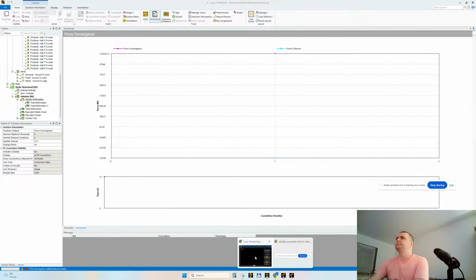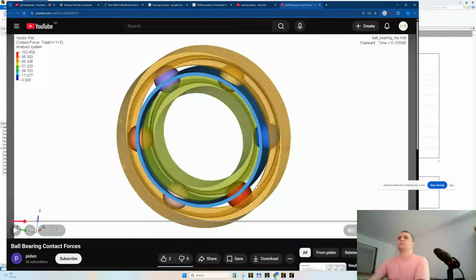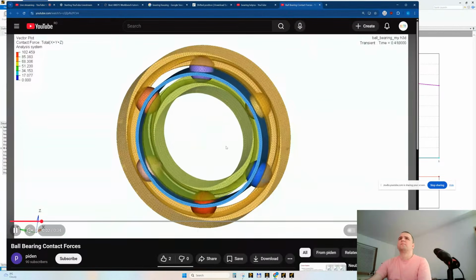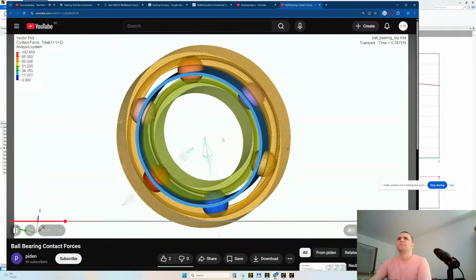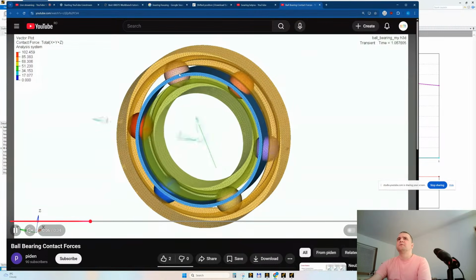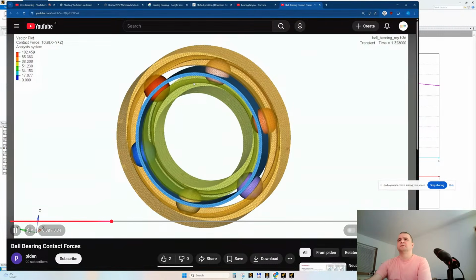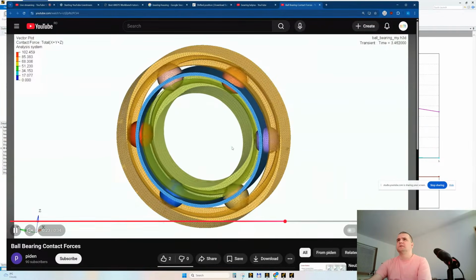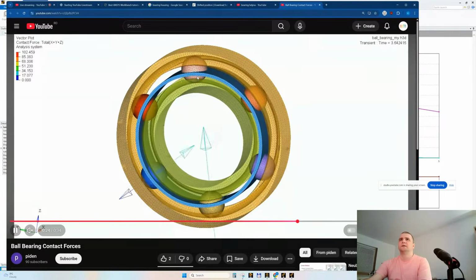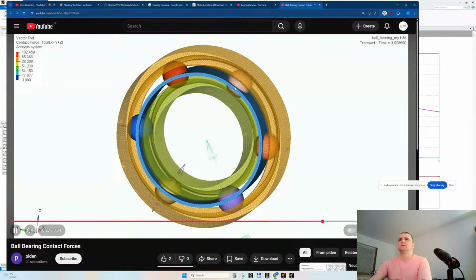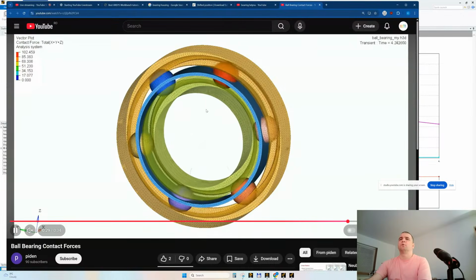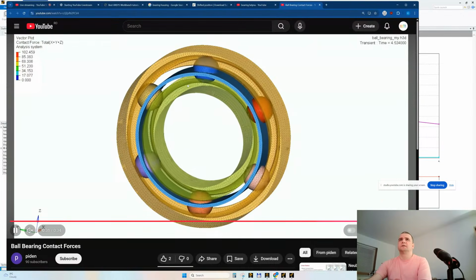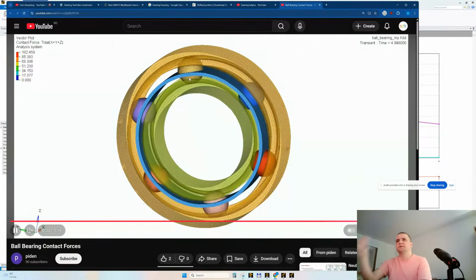Okay, we will see. It seems to rotate the balls. Yes, it's pretty nice. So in my books, this is closer to reality because there is not much friction between the ball and the races, and it rotates once in a while because it's a very small friction coefficient.